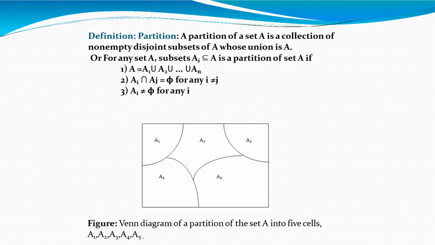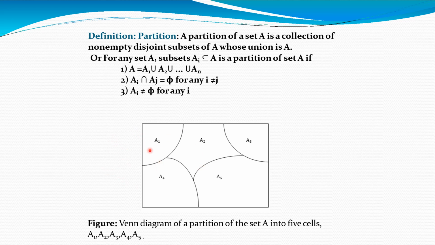See, what is the meaning of partition of set A? We are dividing the set A into its non-empty subsets whose union is completely A, and if you consider any two different subsets of A, then no element is common. Such a collection of subsets of A is called the partition of that set A. Now see this example. Suppose this is the set A. Here we are dividing A into 5 subsets.